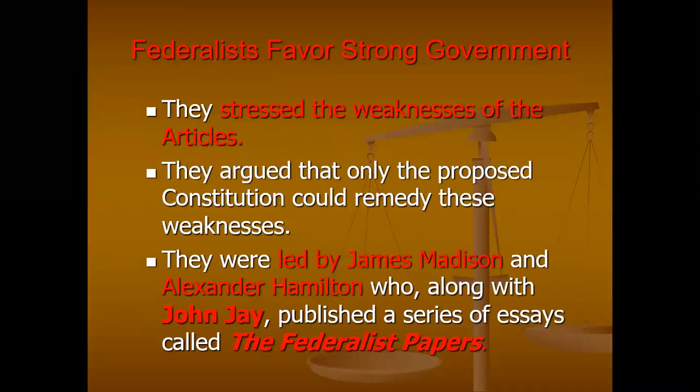So, the Federalists stress the weaknesses of the Articles of Confederation. It's like, we can't function properly if we have this system. We need something stronger. They're going to argue that the Constitution would take care of all the problems that the Articles had. And James Madison, Alexander Hamilton, especially Alexander Hamilton, and John Jay, who was a judge, are going to publish a series of essays called the Federalist Papers.